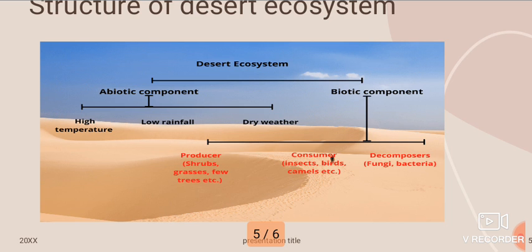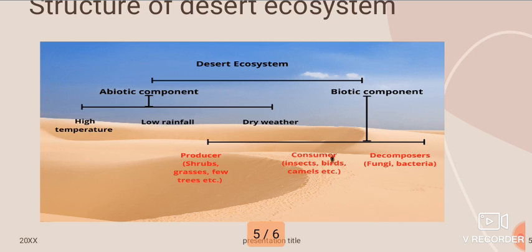In biotic components, we have producers, we have consumers, and we have the decomposers. Producers can be shrubs, grasses, and few trees which make their own food. They do not depend on something else to make food, but they make it on their own.